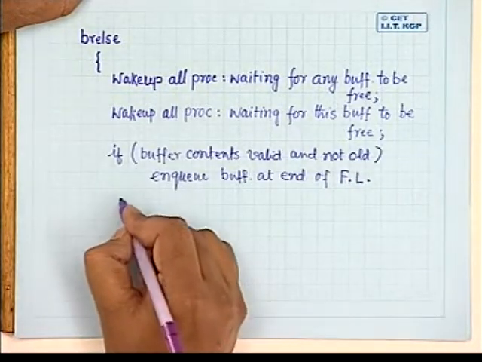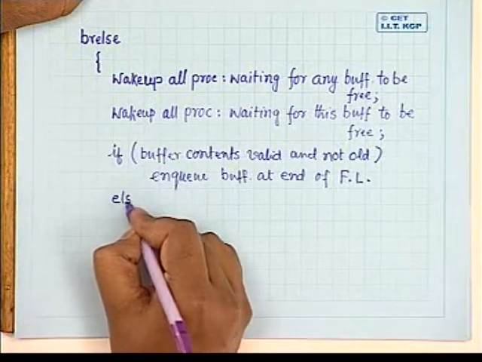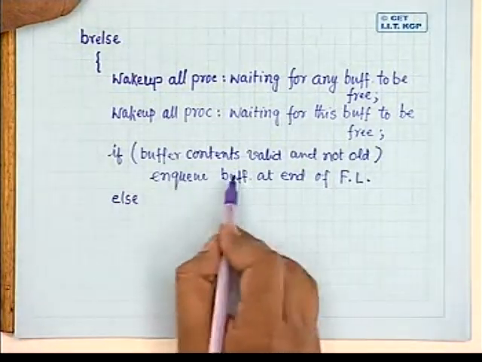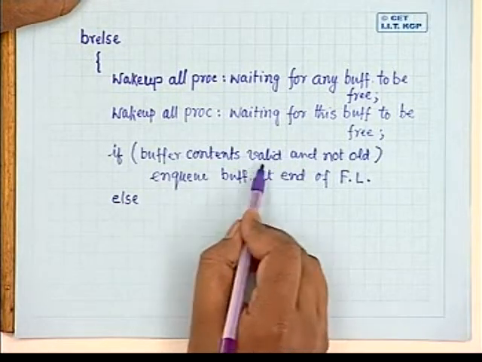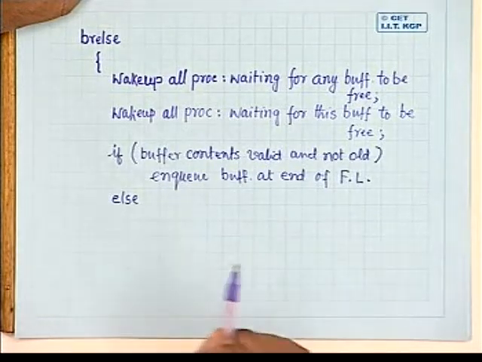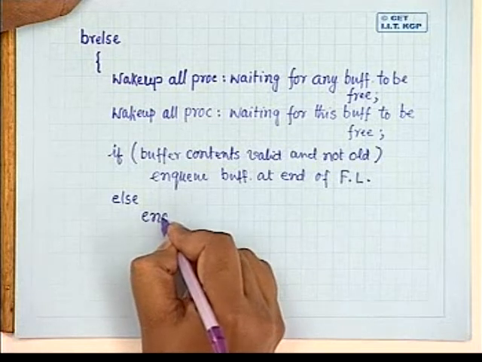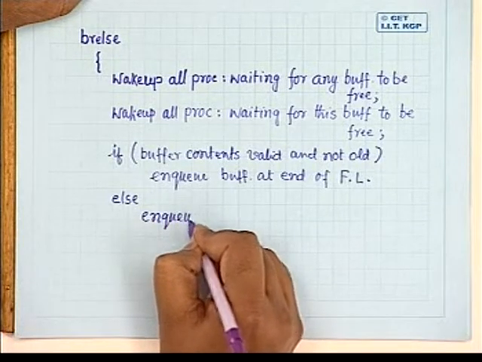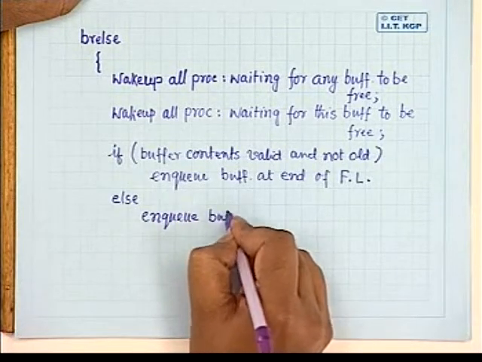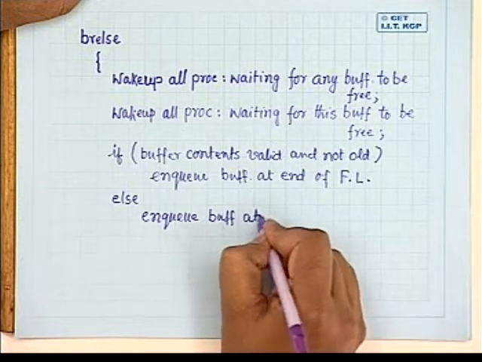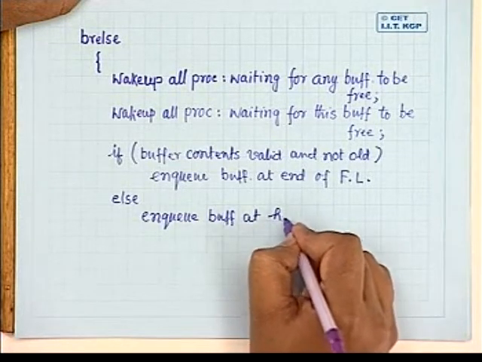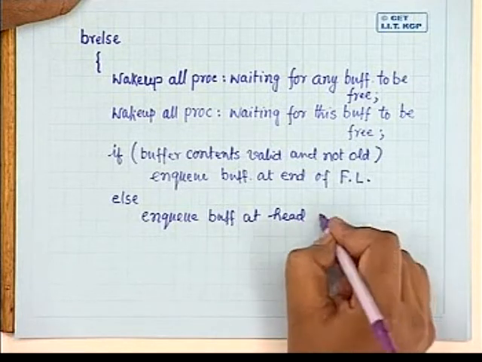Else, that means the buffer content is not valid or the data contained in the buffer is old, in that case we have to enqueue the buffer at the head, or beginning, of the free list.